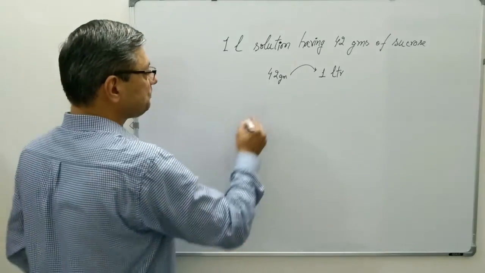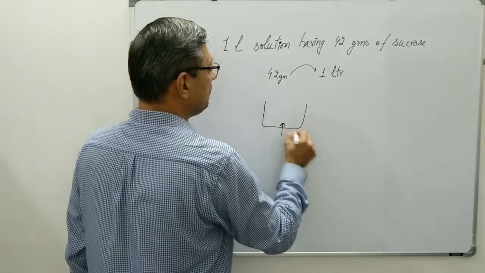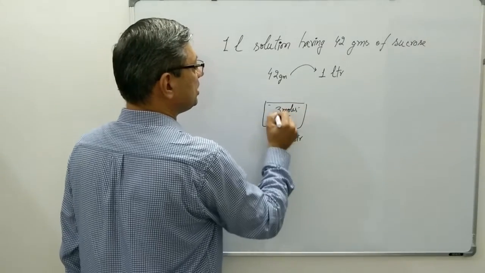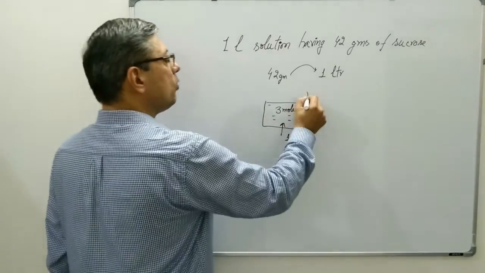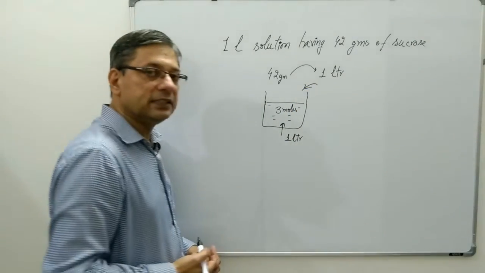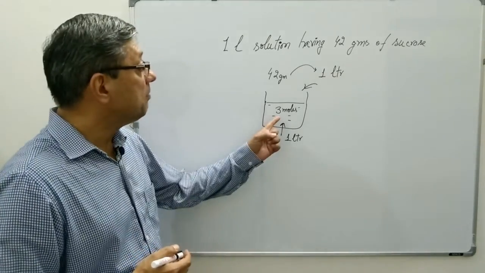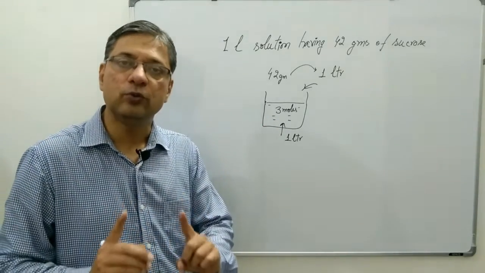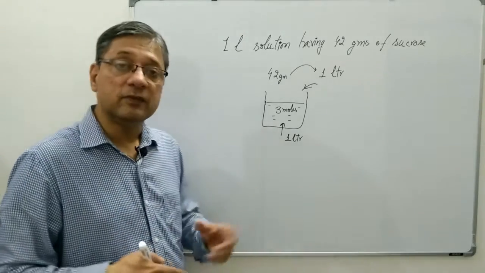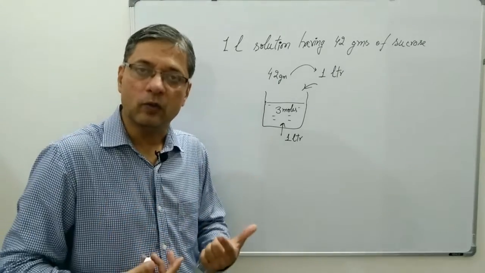For example, if we take 1 liter of water and suppose we have 3 moles of sucrose in it, and we add more and more water, water being a solvent, the number of moles of solute will remain the same. However, concentration will change as we add more and more solvent.